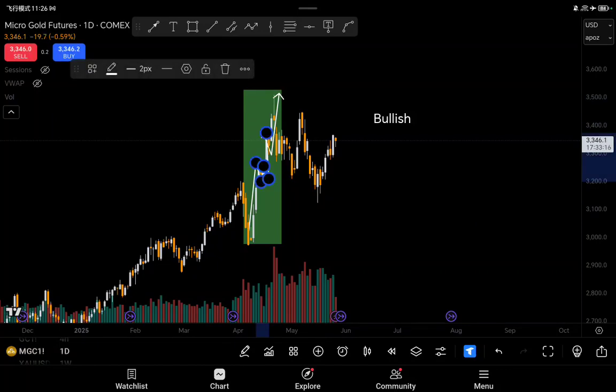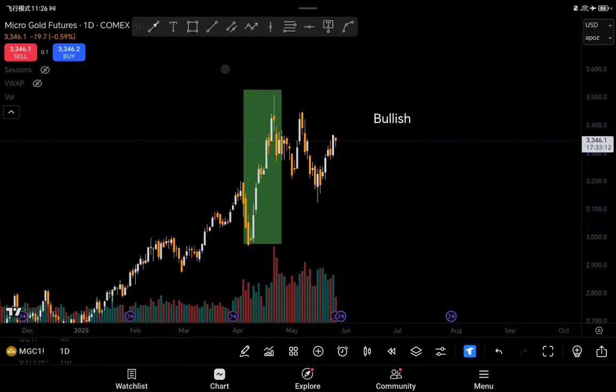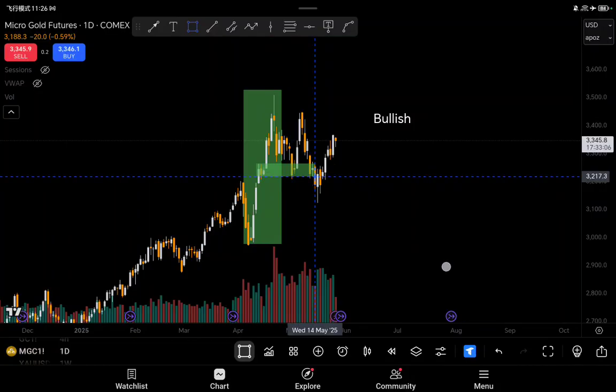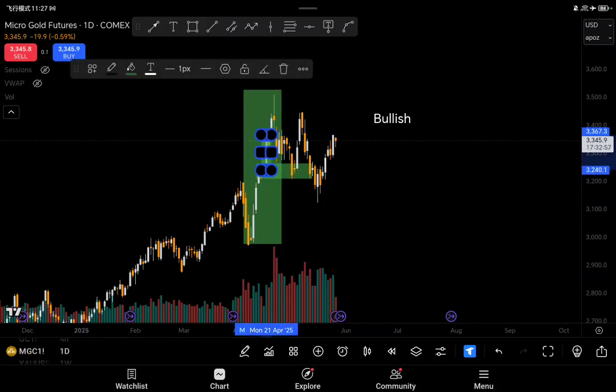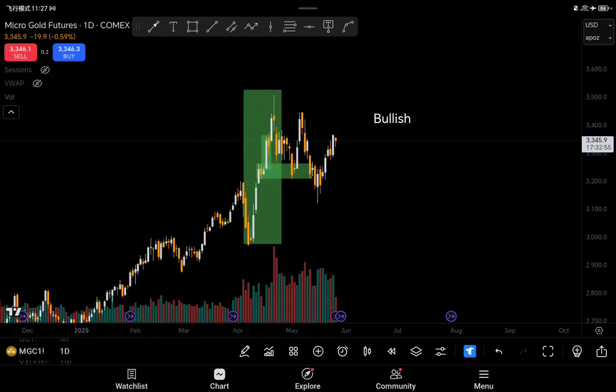Okay, so we want to understand this primary move, how it happened. We can see from the daily structures, the daily move, that the big move happened after this one. This is the big move that we see. It's very simple. This is where the market made a big move.